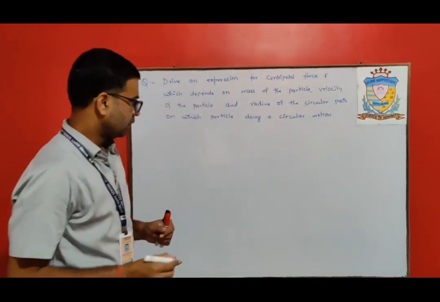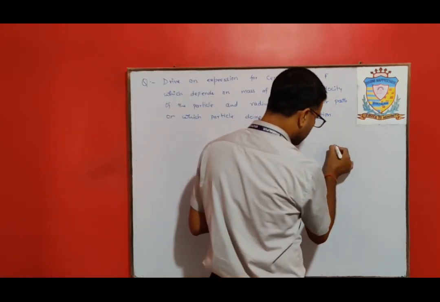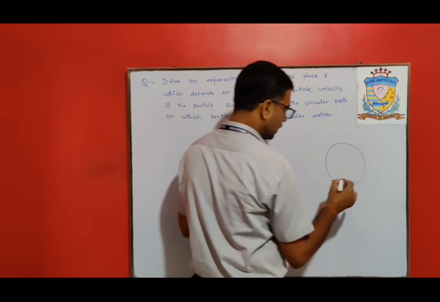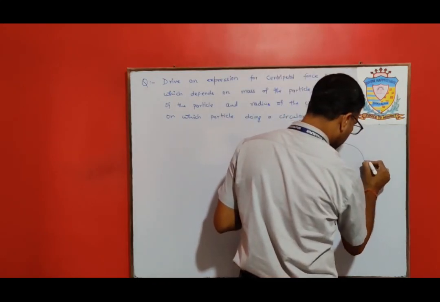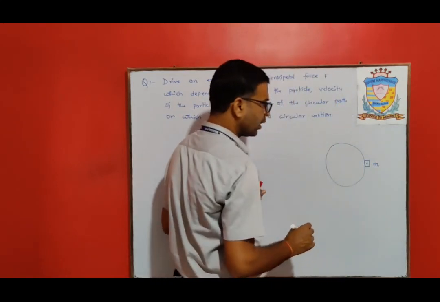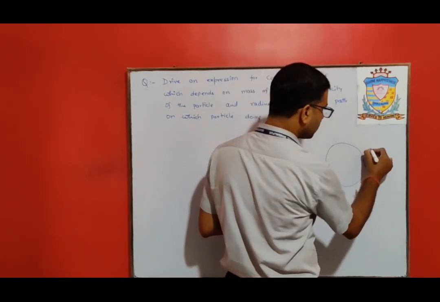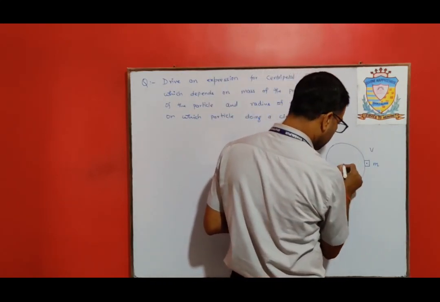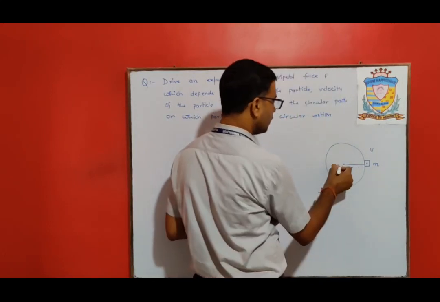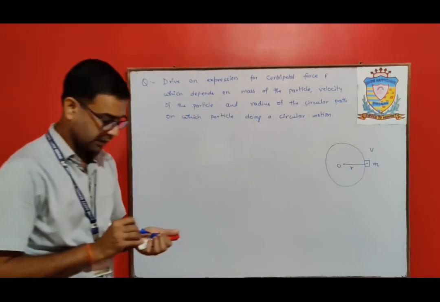Here, it means suppose we have a particle whose mass is m, which is moving with a velocity v, and it is given that the radius of this circular path is r. Let O be the center.